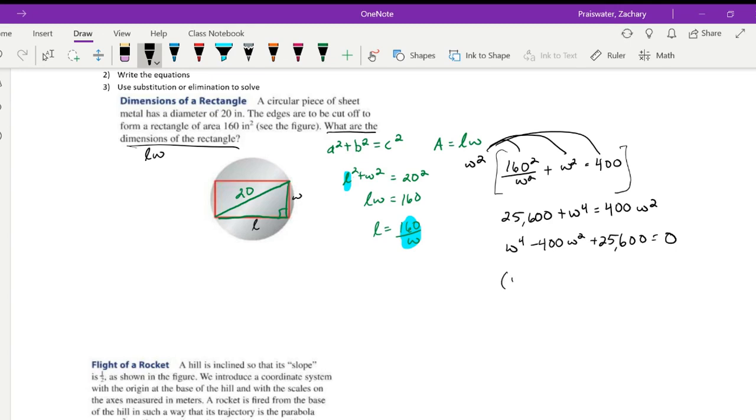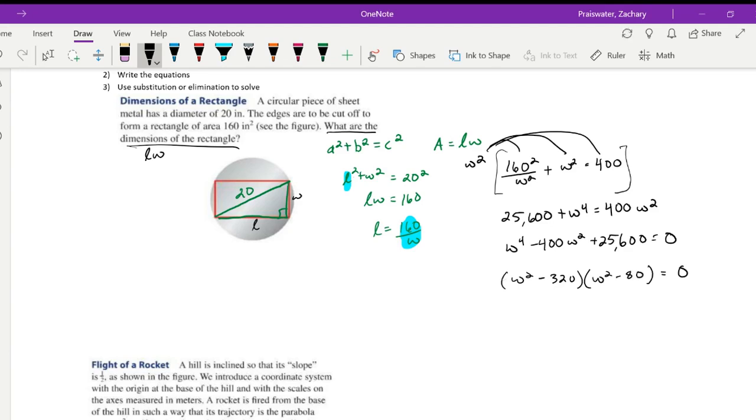When this factors, we have w squared and w squared, and it's equal to 0. And then we need to find two numbers that multiply to 25,600 and add to negative 400. Okay, and those two numbers are 320 and 80. So it'd be minus 320 and minus 80.